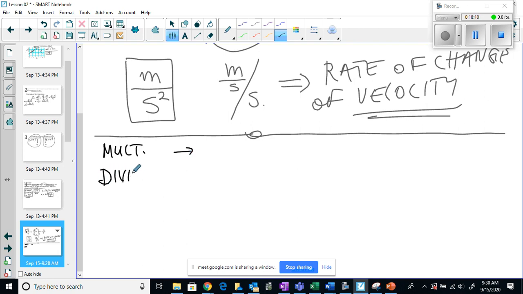When you are dividing, what is that called? Kiss and flip. So you save the first, convert dividing into multiplying, and flip the second. Okay, and then work with the units. And then you have a multiplying, which is multiply numerators, multiply denominators. When you are adding and subtracting, you will find the common denominator.